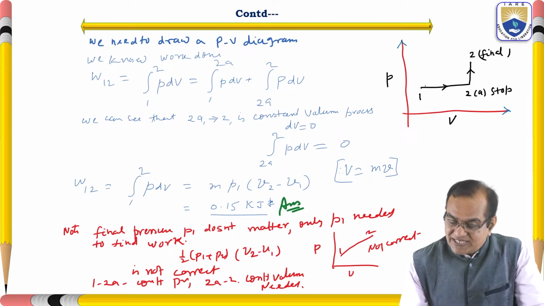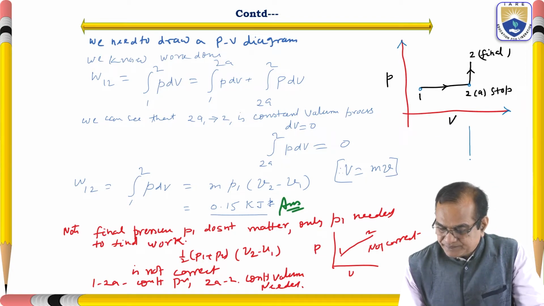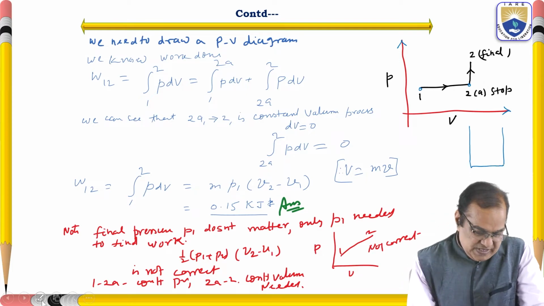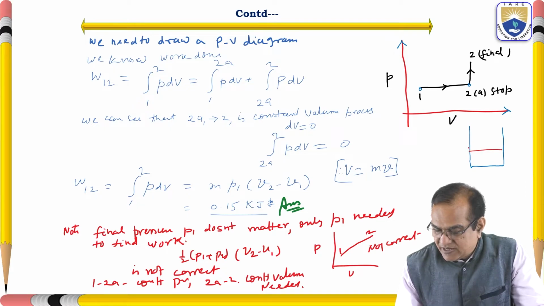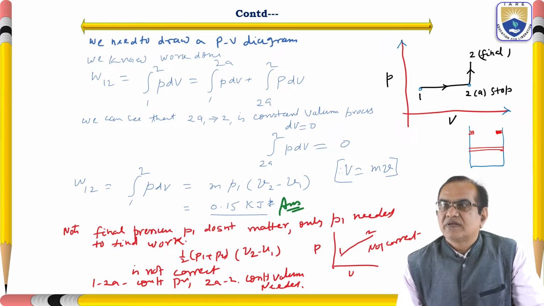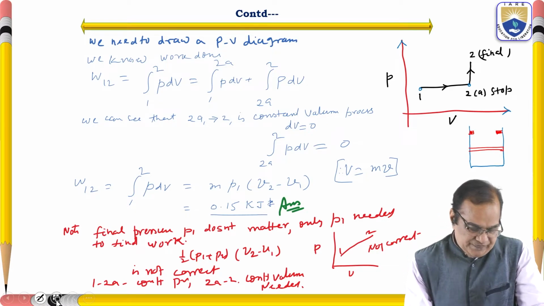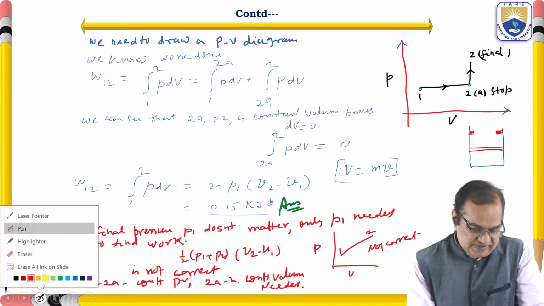So here we can see 1 to 2. I will draw a small piston cylinder arrangement here. This is our piston and these are the stops, and here we have the refrigerant.